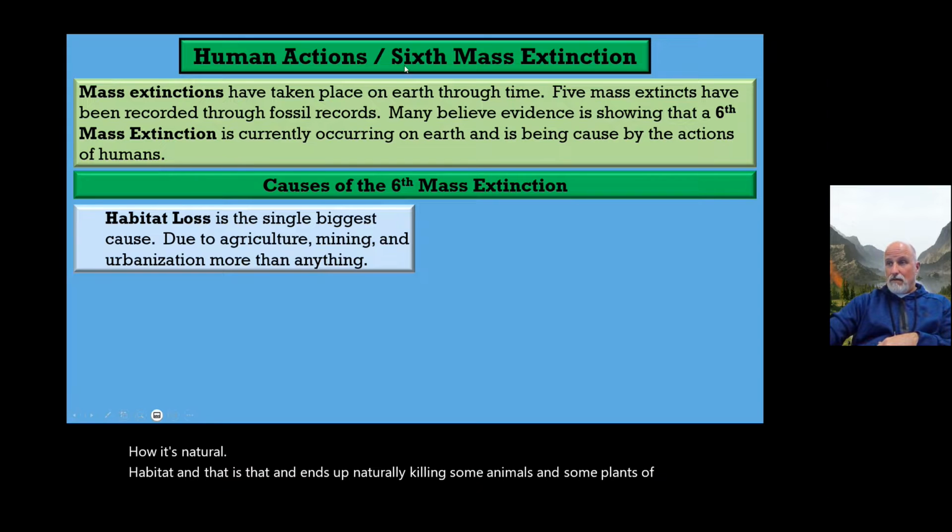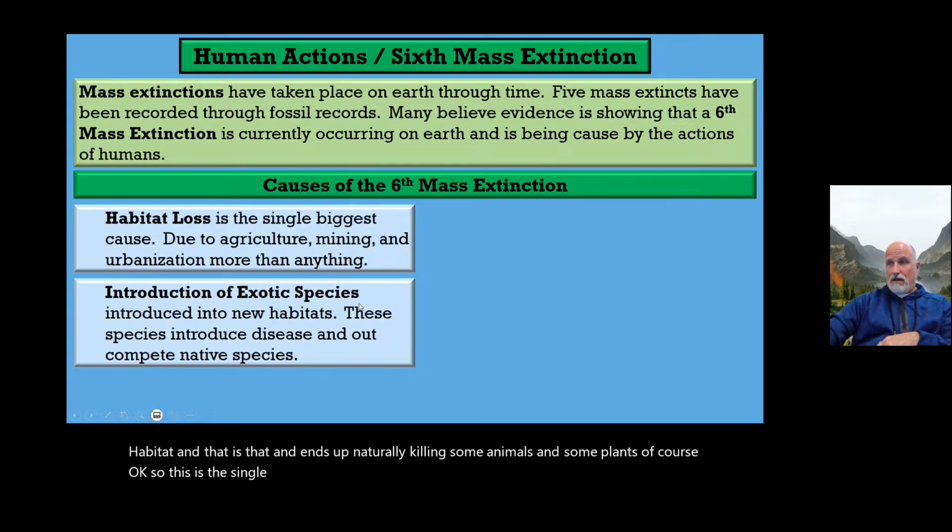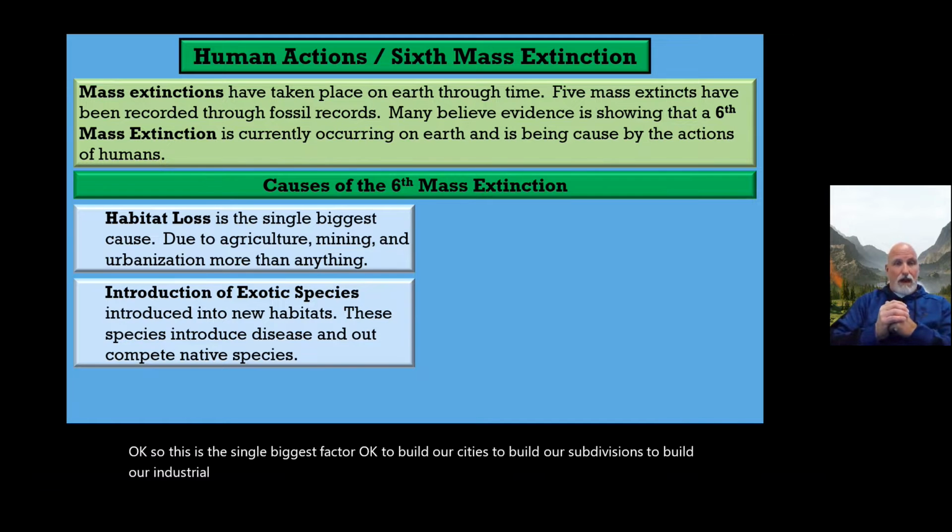Okay, so this is the single biggest factor. To build our cities, our subdivisions, our industrial sites, we're doing away with habitat, and in that it does away with a lot of animals and plants.